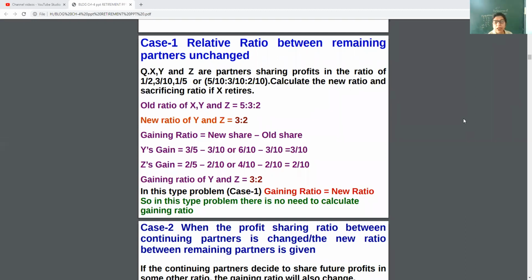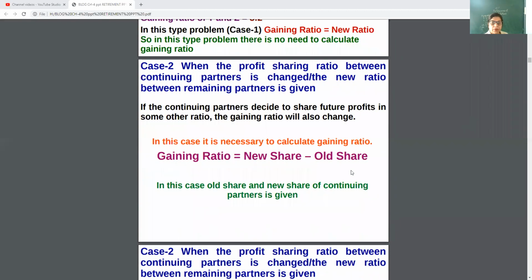Yes. Now we are moving towards the second method, when the profit sharing ratio between continuing partners is changed and the new ratio is given. I will explain the second method now. In the second method, what is the difference? I am going to show you.